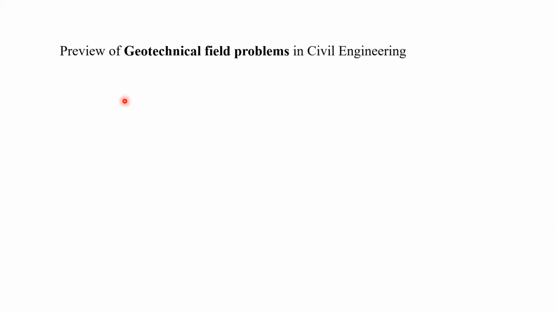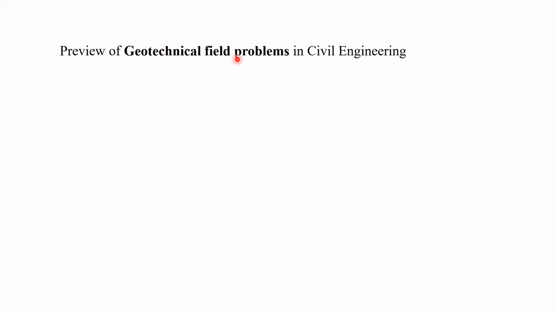Now we see the next topic is the preview of geotechnical field problems in civil engineering. This is the first topic of the geotechnical engineering subject in unit 1. So see, preview of geotechnical field problems. What does it mean? Preview.